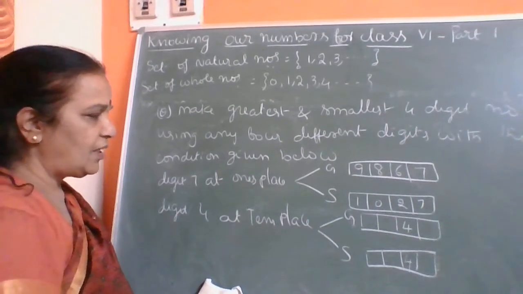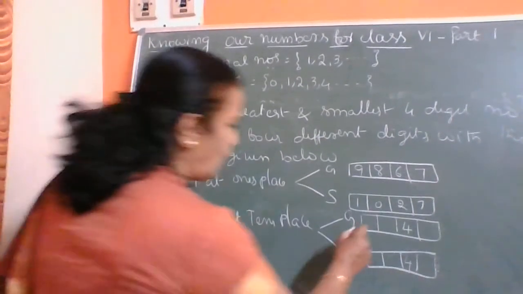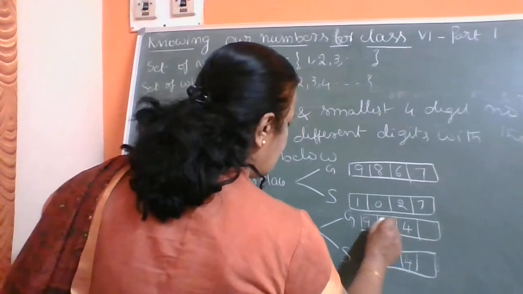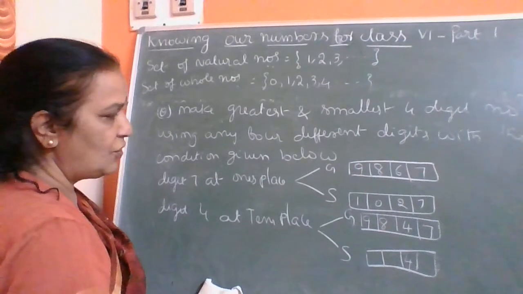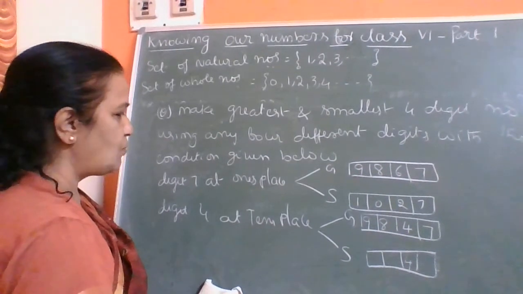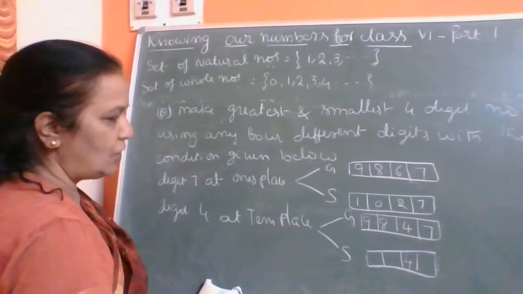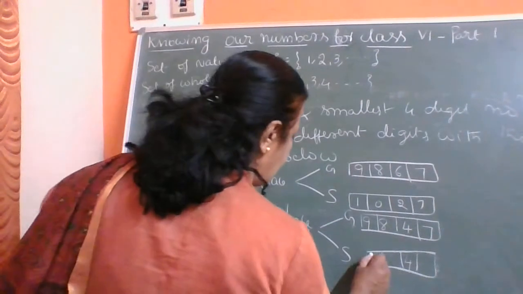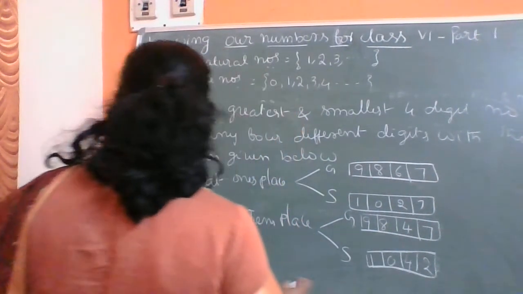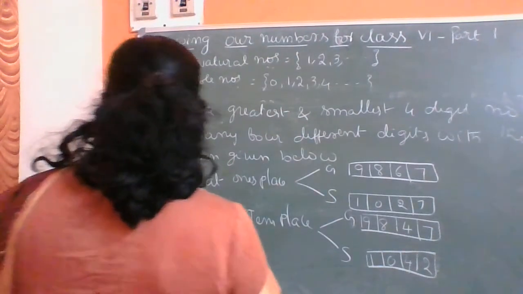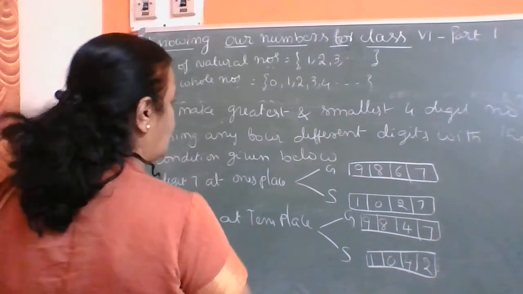The greatest number starts with 9, 8, and afterwards 7, it is 9847. And the smallest number cannot start with 0, therefore it is 1, then 0, and 1042.